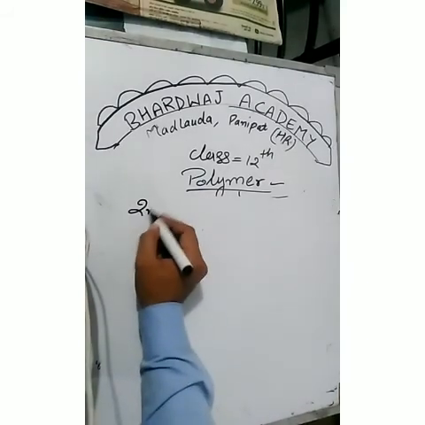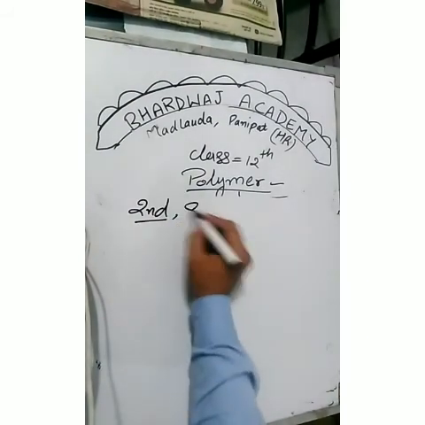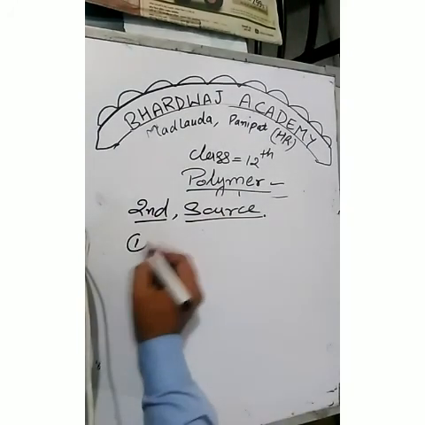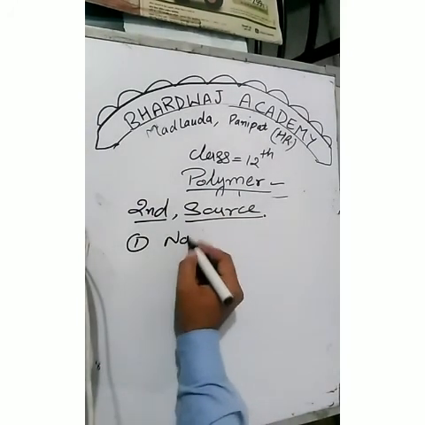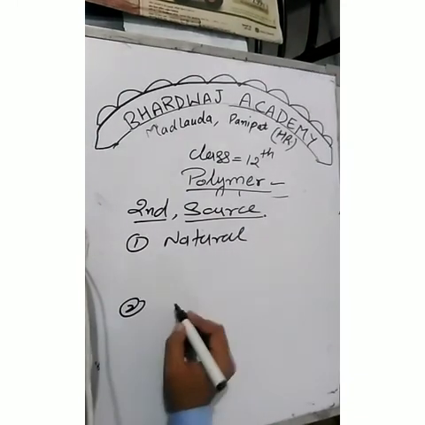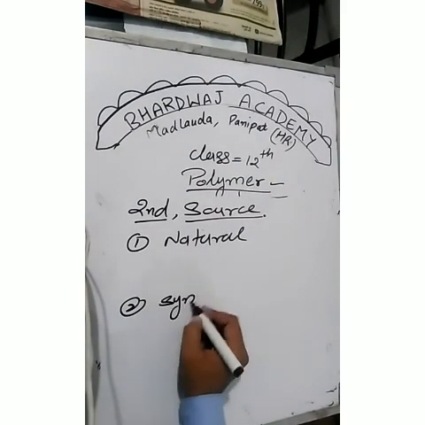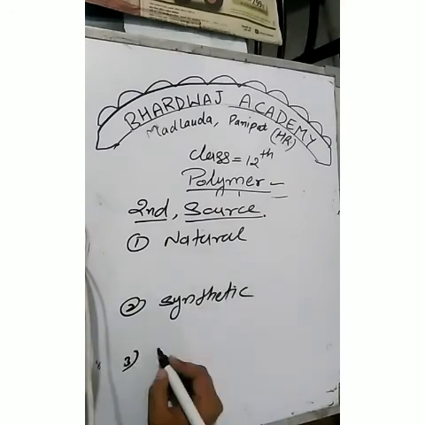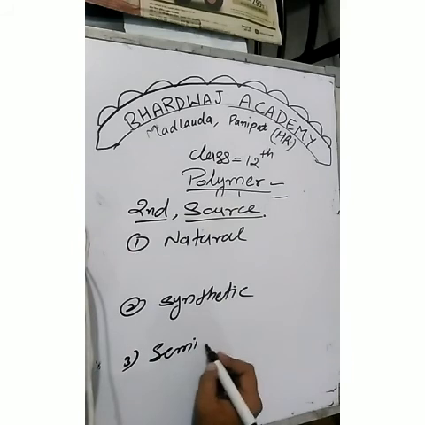Second classification, based on the source. First, natural polymer. Second, synthetic. Third one is the semi-synthetic.